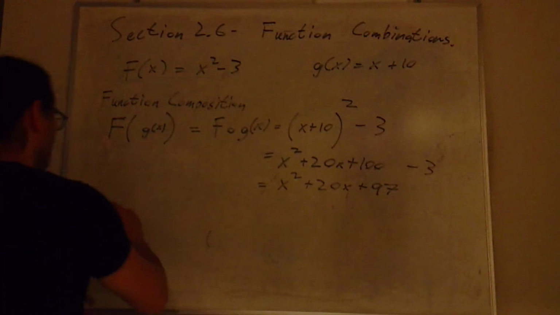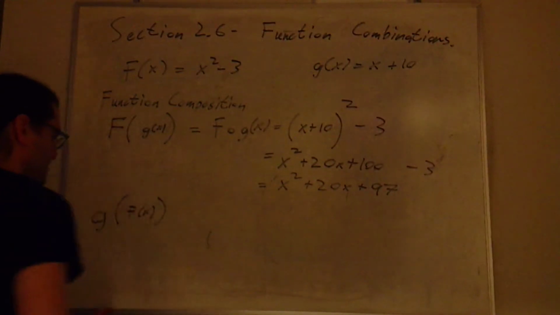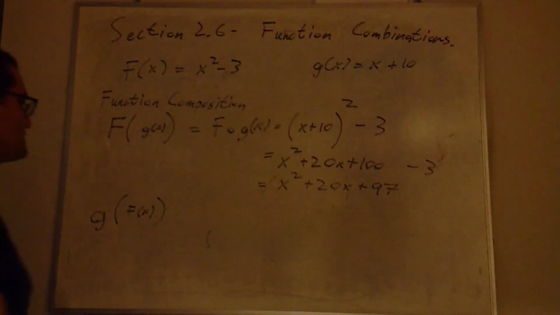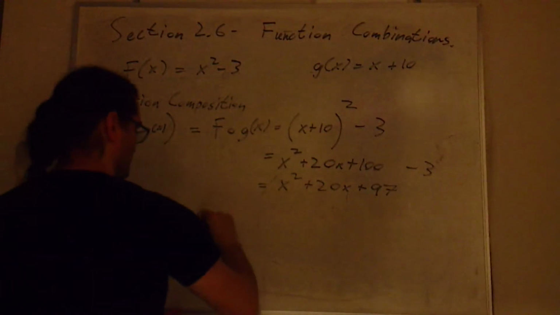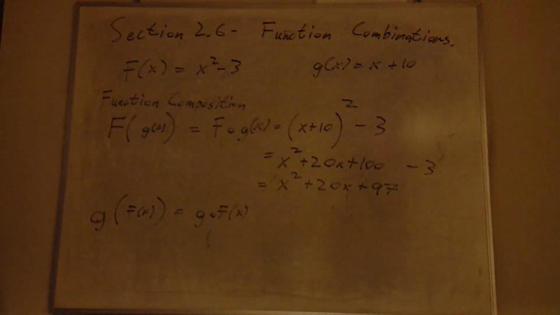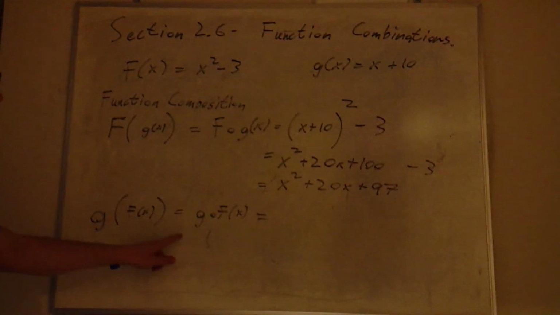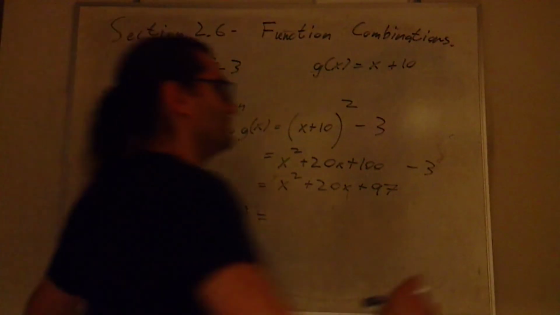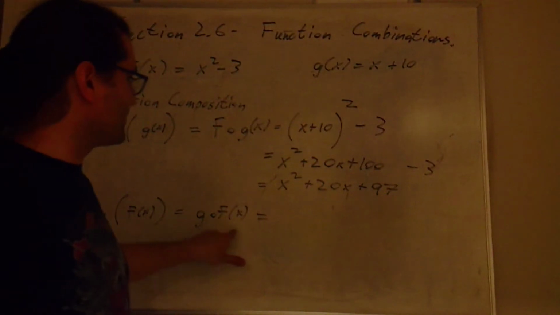We can also do this sort of backwards. We can see what happens if you put f of x inside of g of x. And again, this is how I like to write it. The book is going to write this as g-o-f, g of f. This one is a little different because g is on the outside.